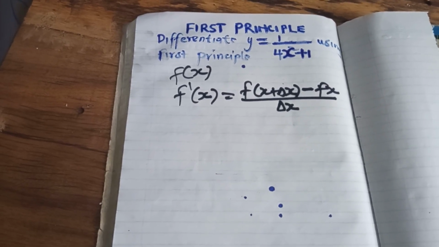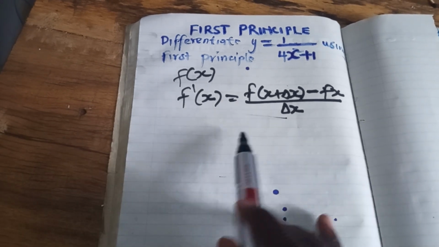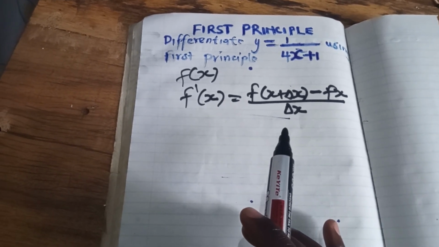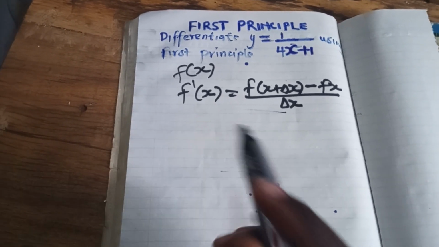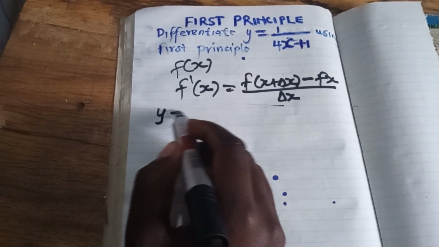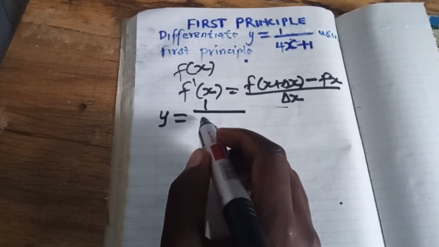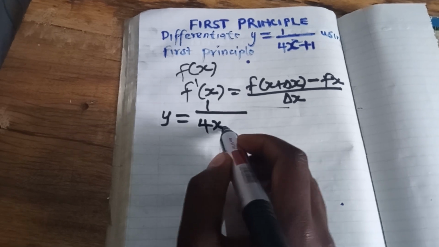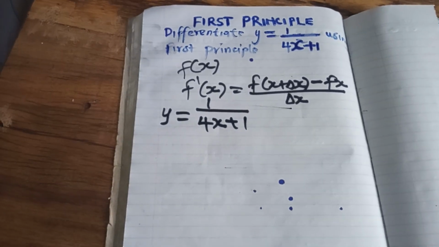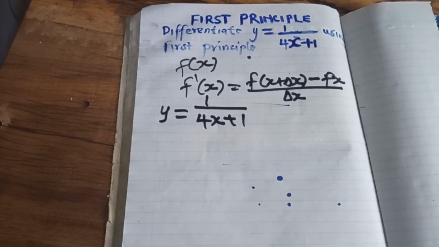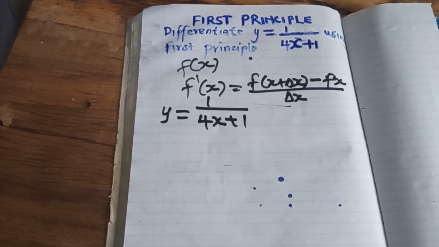Now, let us use this general formula to differentiate the function y equals 1 over 4x plus 1. Then we proceed as usual.